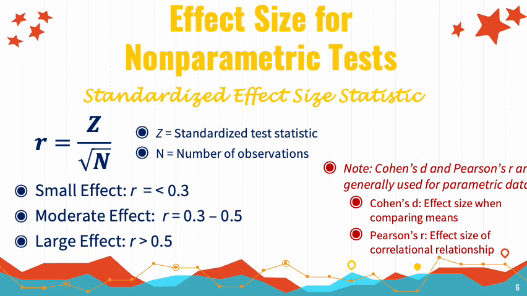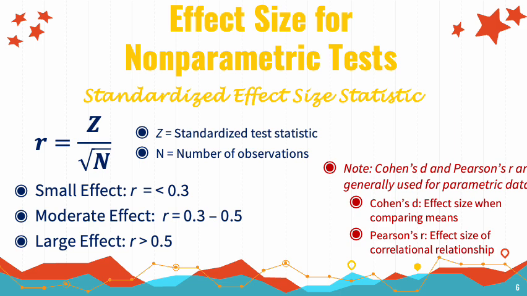If it is a correlational relationship, the r is Pearson's r. If it is a non-parametric test comparing groups, the r is the standardized effect size statistic. This is something that statisticians infer, but it can be a little bit confusing at first for those of us who may not use these letters on a regular basis for statistics.